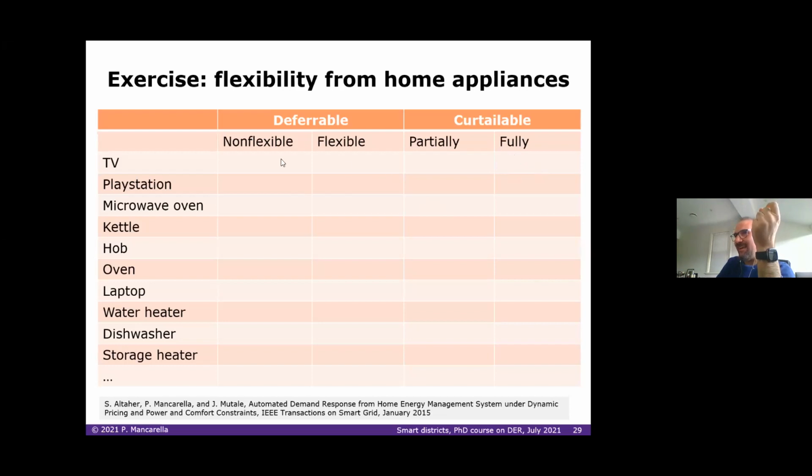And it's non-flexible in the sense that if you switch it off, then you just need to wait to switch it on again. Yes, that's what you would do with a TV. Others would say that actually a TV is not flexible at all, and I will show you later an example of that.